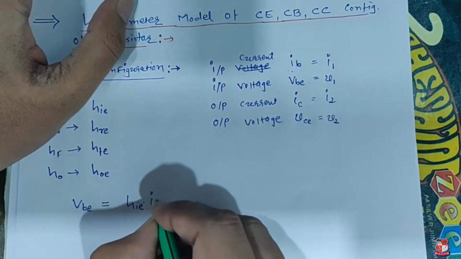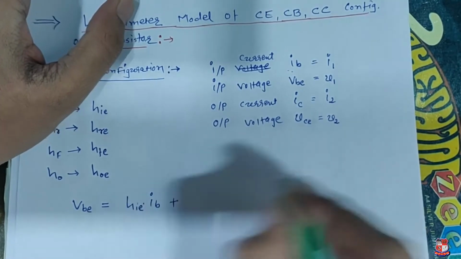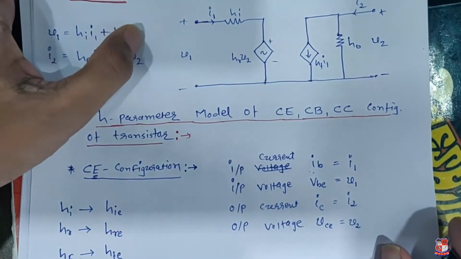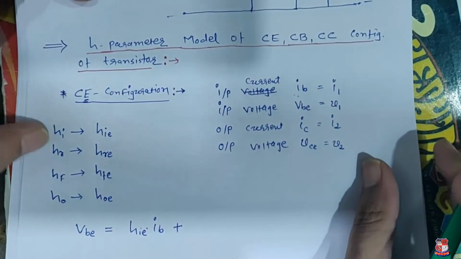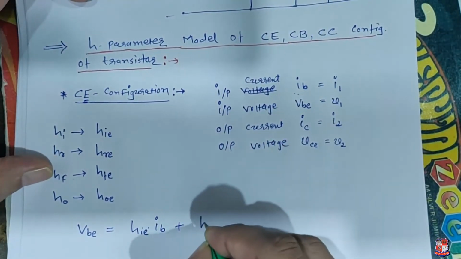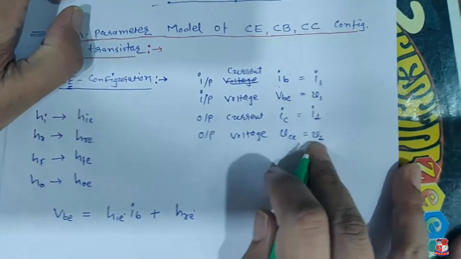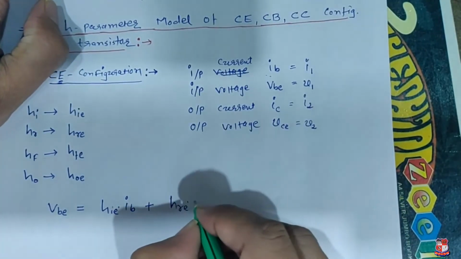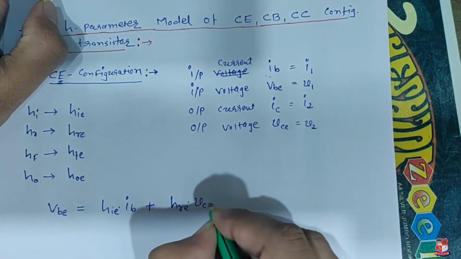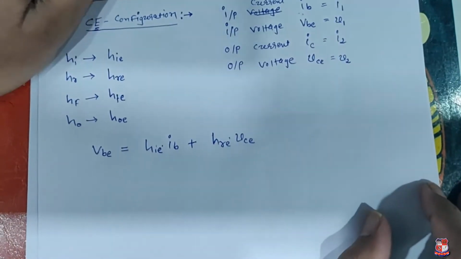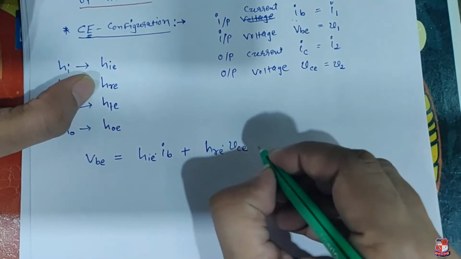So HIE into IB plus HR into V2, so HRE into V2, and V2 is nothing but VCE. This is the new equation we have derived.